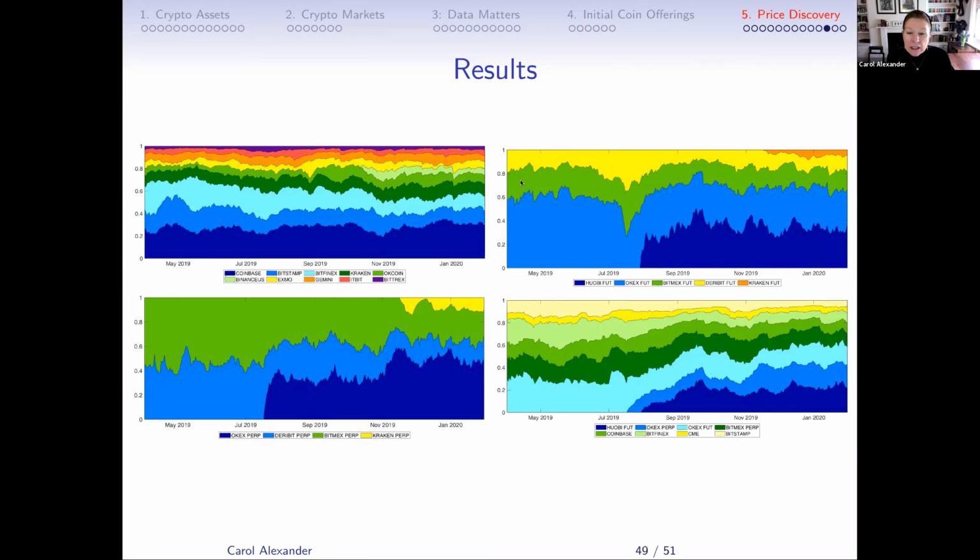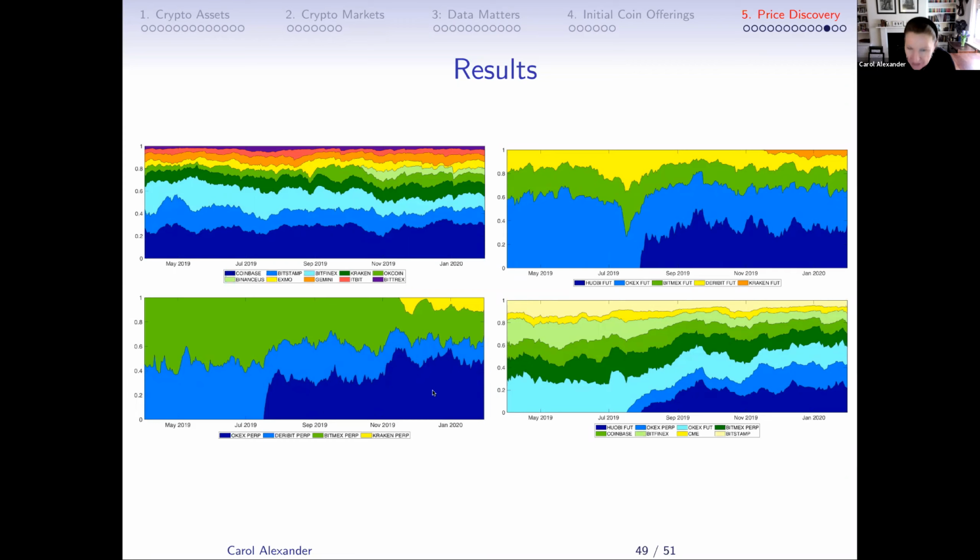When we go to the futures and the perpetuals, Huobi took off. Remember, Huobi had that successful ICO, and when I showed you the whale alerts, that's one of those exchanges that's taking some pretty big onboarding of new Bitcoin, and it just exploded into influence, not only in its perpetuals.